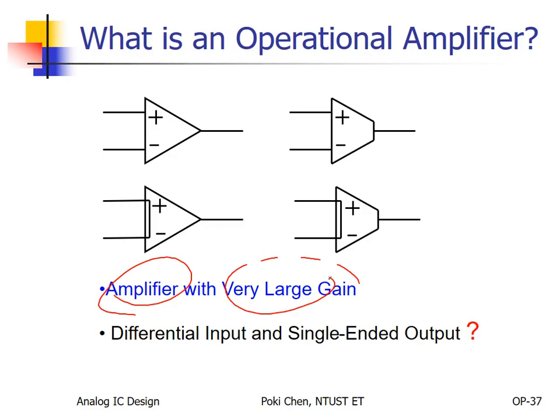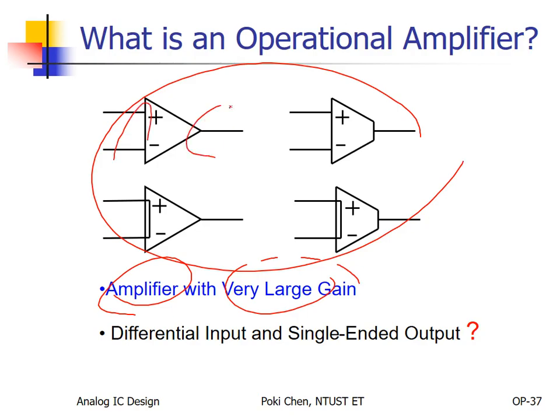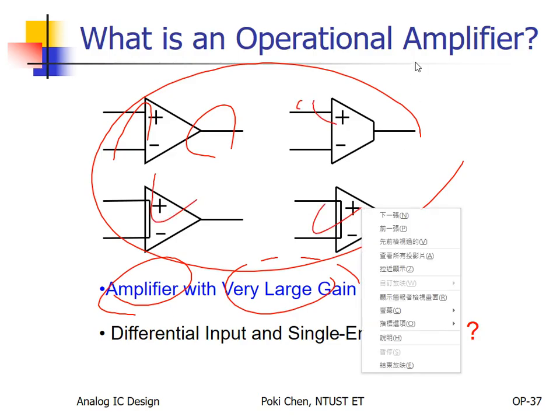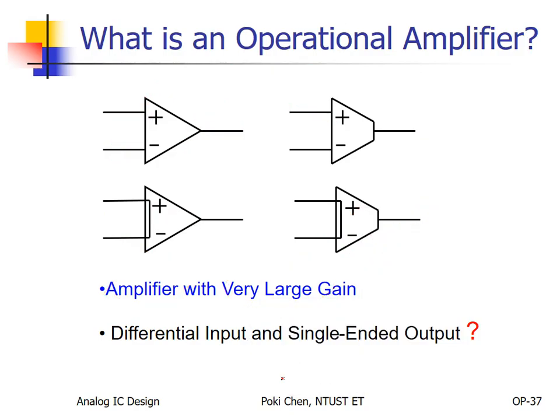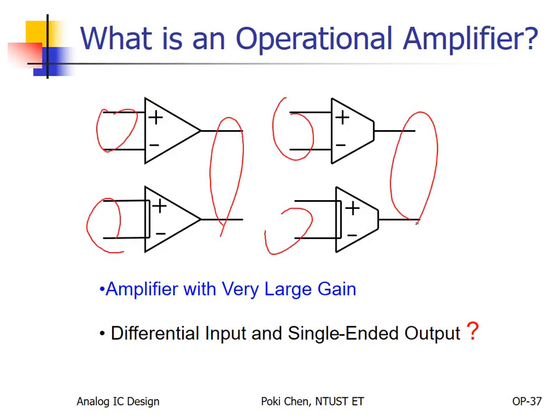Oh, because right now, we broaden your mind from voltage to any kind of possibility. Never mind voltage or current. But all of them look similar to each other, because you have differential input and only single-ended output.